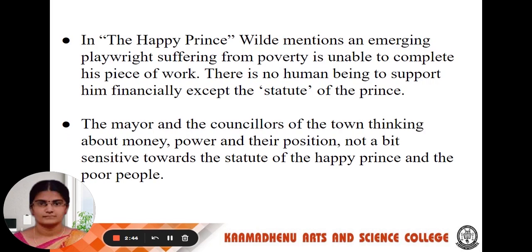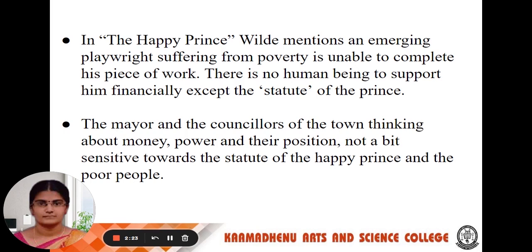In The Happy Prince, we also see an emerging playwright suffering from poverty, unable to complete his piece of work. There is no human being to support him financially except the statue of the prince. The same thing happened to Oscar Wilde when he was writing his play.